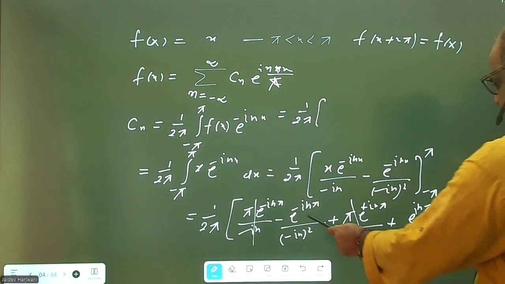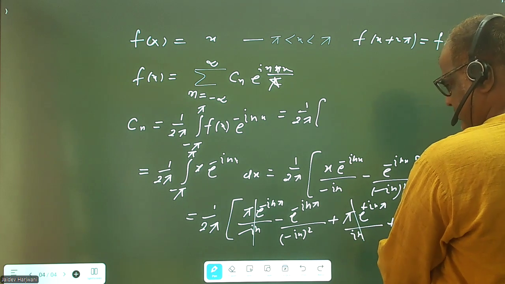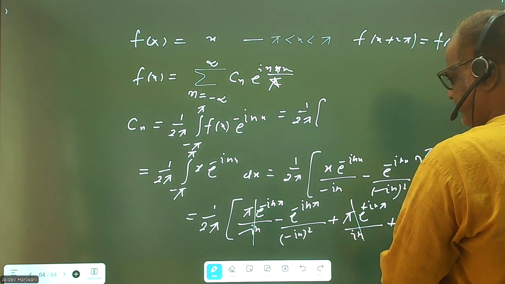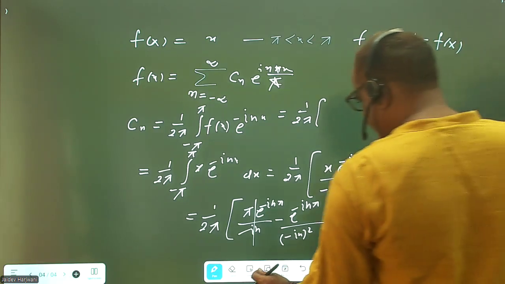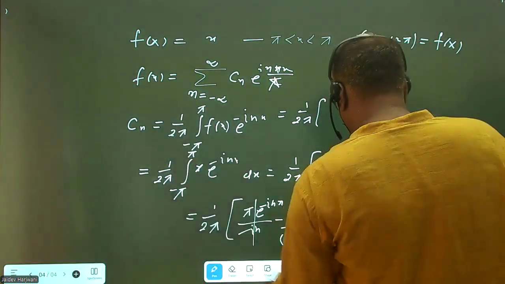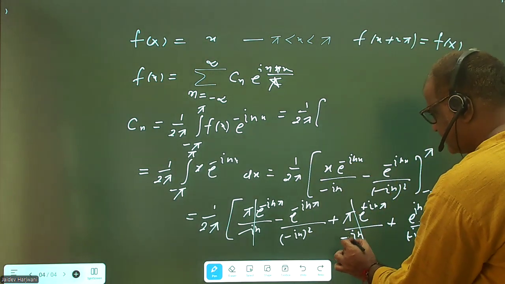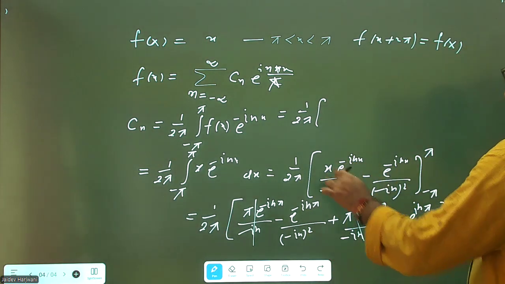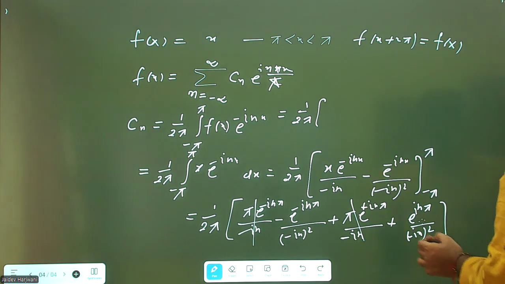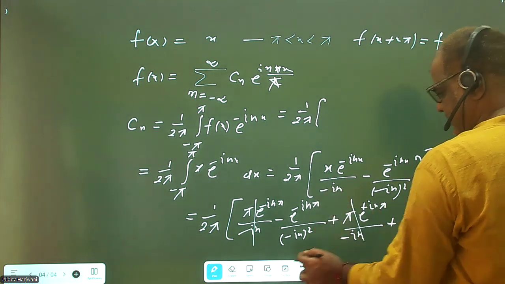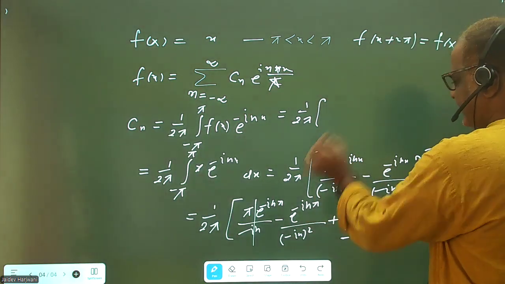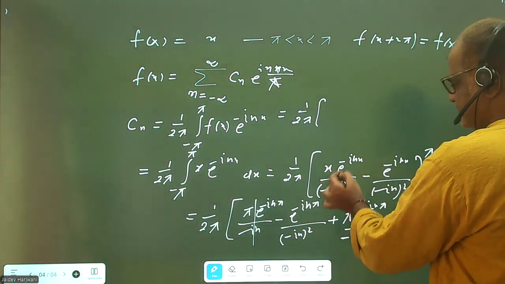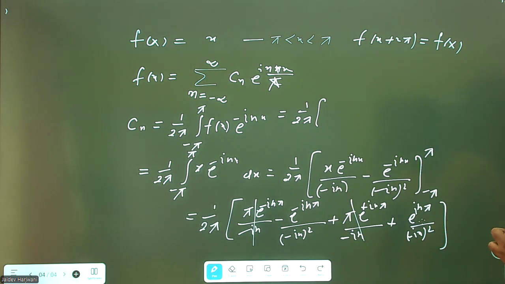So this term will be cancelled, this term will be cancelled. Here this is minus, because I am putting minus pi. So this minus I'm keeping as it is, because the limit is pi and then minus of minus pi, so that becomes positive here.